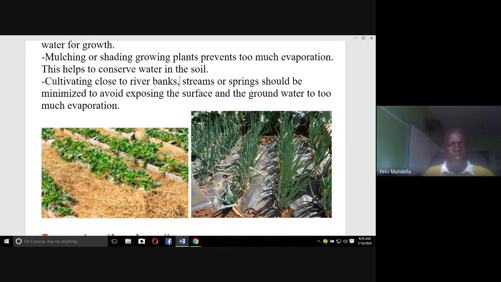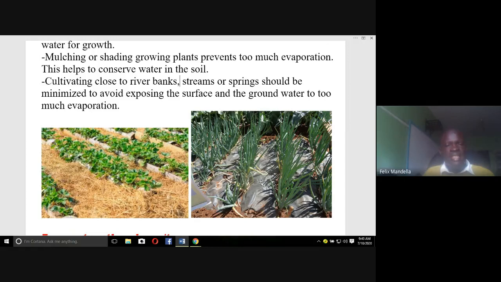The other advantage of mulching is that when this dry matter rots or decomposes, it makes humus, making the soil more fertile. Those are some of the advantages of mulching, though the main reason why mulching is applied is to help the farmer reduce the rate of evaporation, to conserve moisture in the soil.